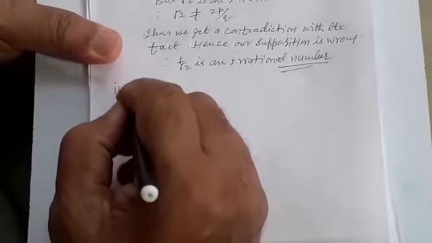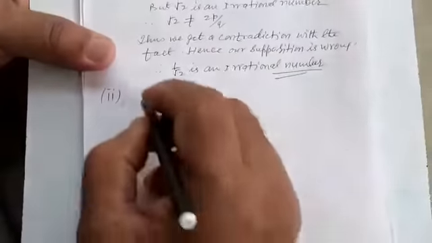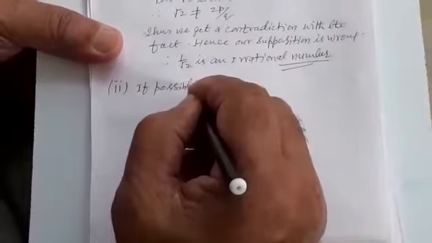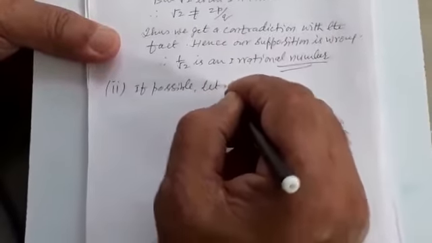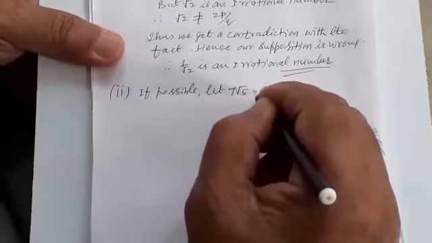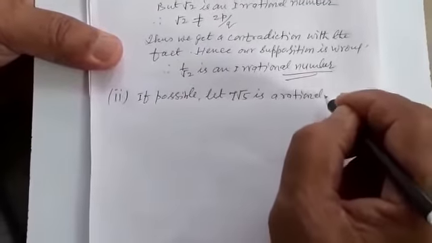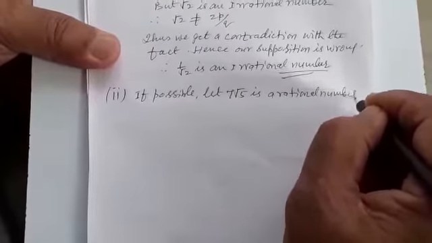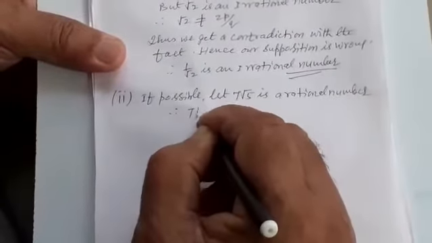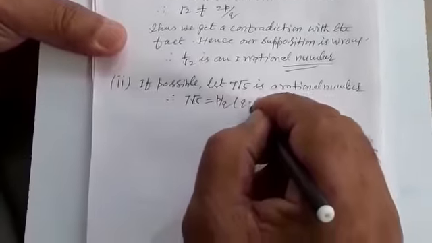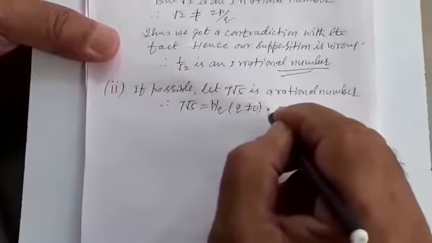Second part is saying that we have to prove that 7 root 5 is irrational. So we write, if possible, let 7 root 5 be a rational number. Therefore 7 root 5 can be expressed in the form of P by Q, Q not equal to 0. This is the main condition.